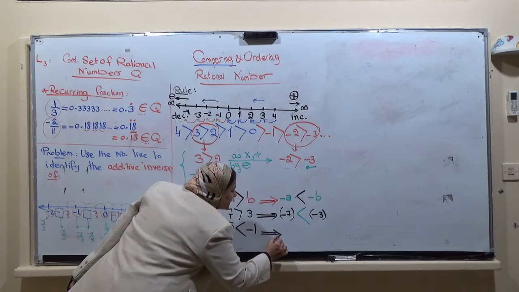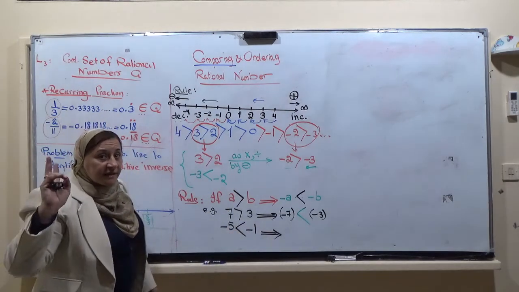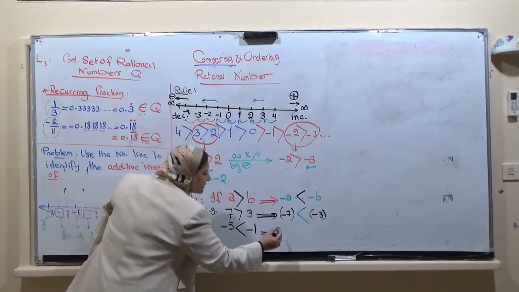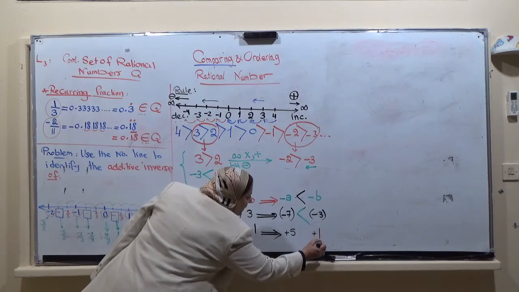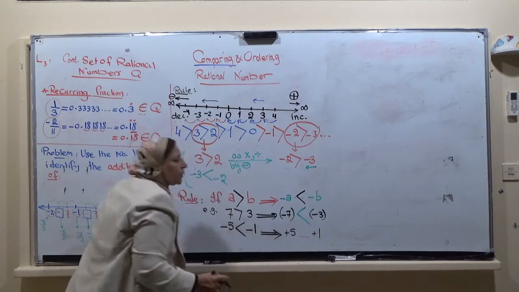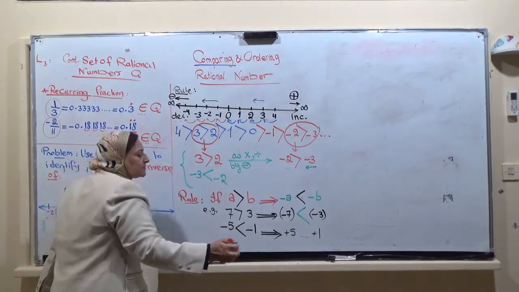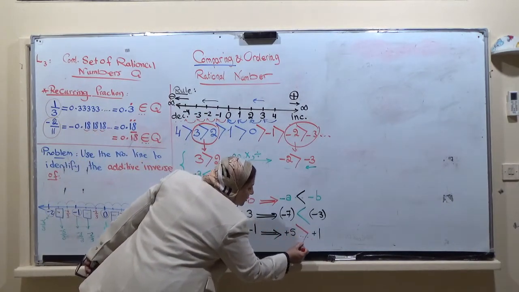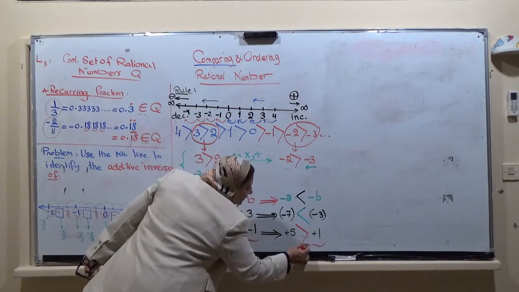This implies that if you multiply both sides by negative, they become positive, +5 and +1. What can we write here? We write greater than. Smaller now becomes greater.